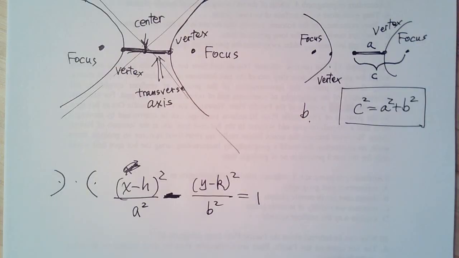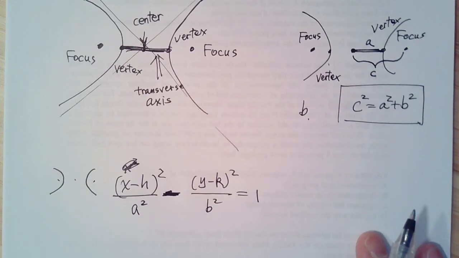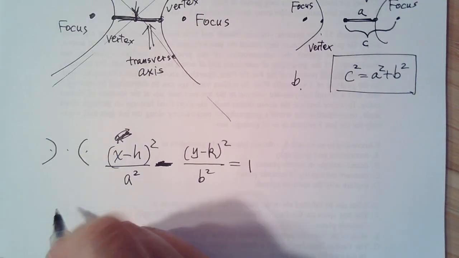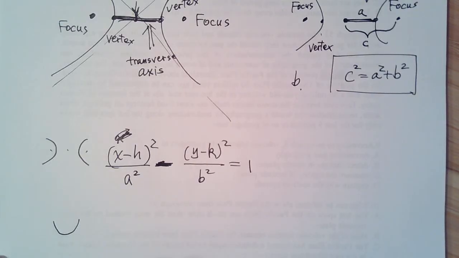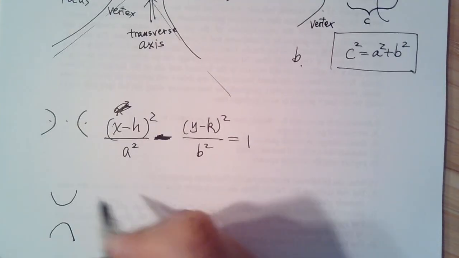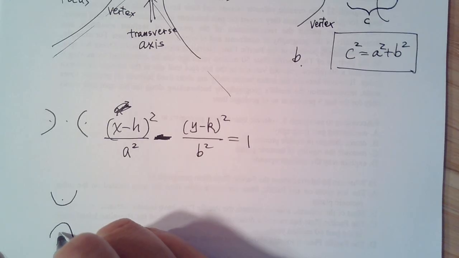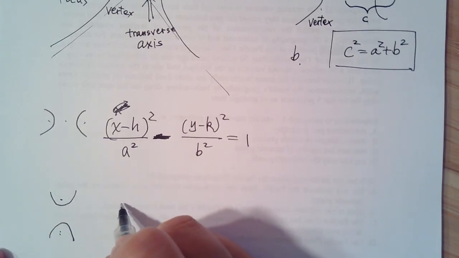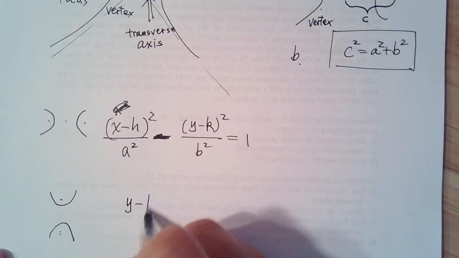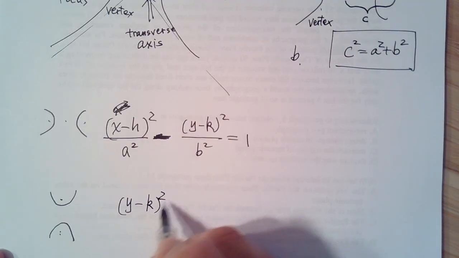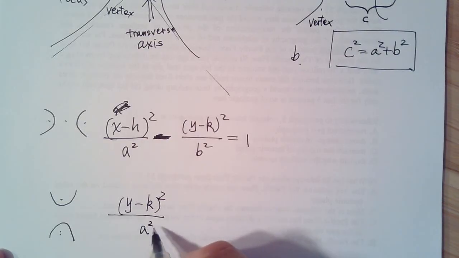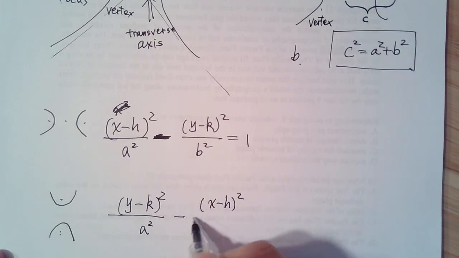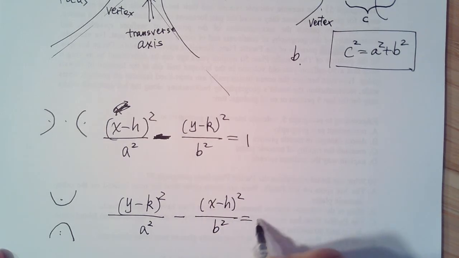This is what the left and right hyperbola looks like. And if you have something like this, up and down, and here's the focus, here's the focus, then you're going to have y minus k squared over a squared minus x minus h squared over b squared equals 1.